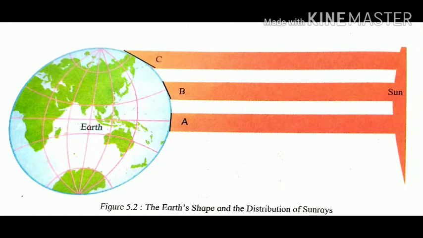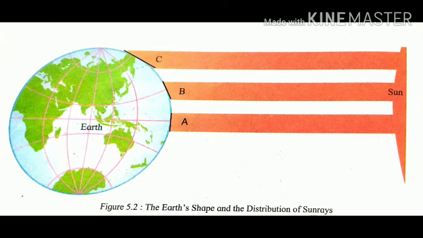Sun rays falling on the earth are straight and parallel to each other. However, we have seen that due to the spherical shape of the earth and the curvature of the surface of the earth, they occupy a larger or lesser area, and this leads to the uneven distribution of heat received from the sun.